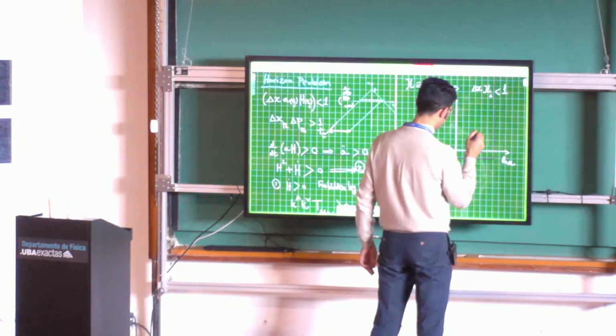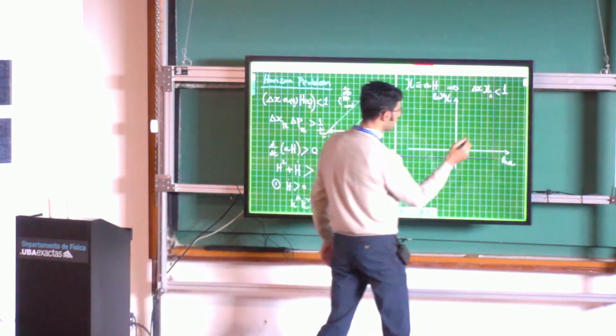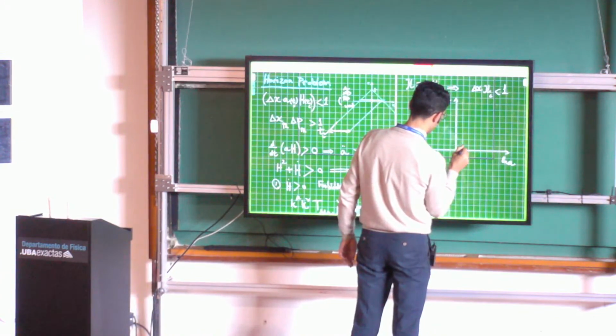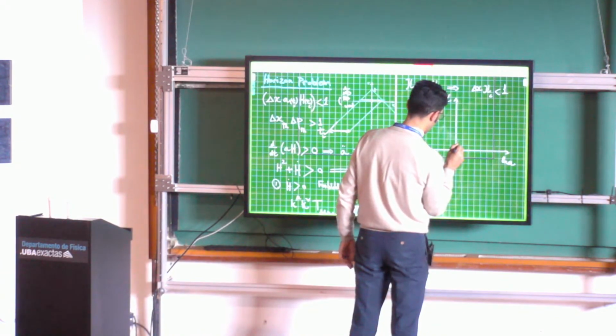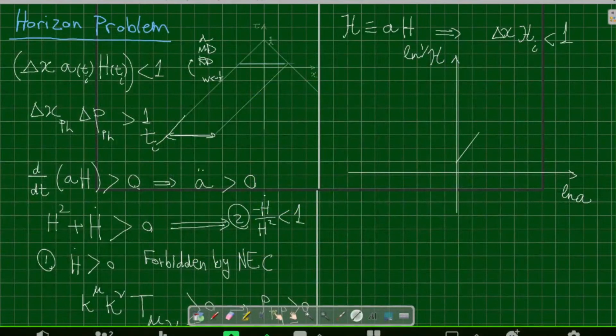So the way it behaves is that during radiation domination, it grows with slope 1. So let's say we come here. So something like that. Or maybe that was too much radiation domination. Okay. I think that's enough.